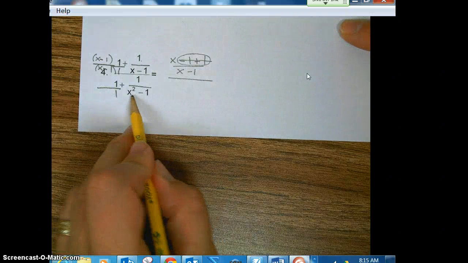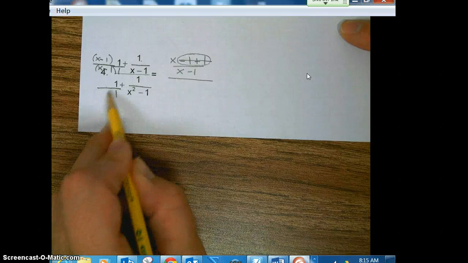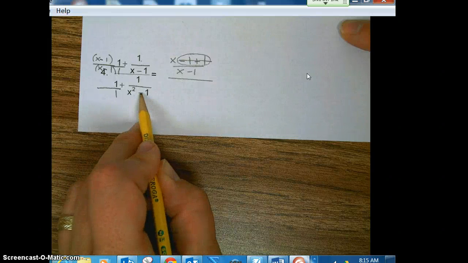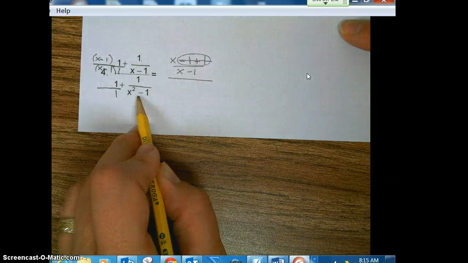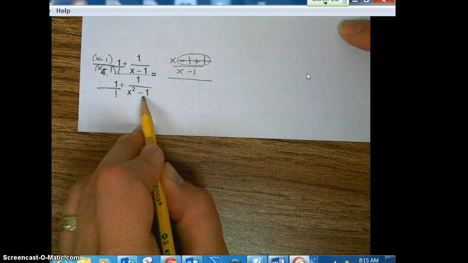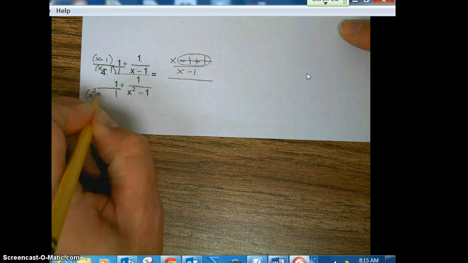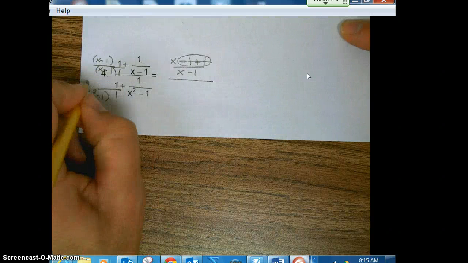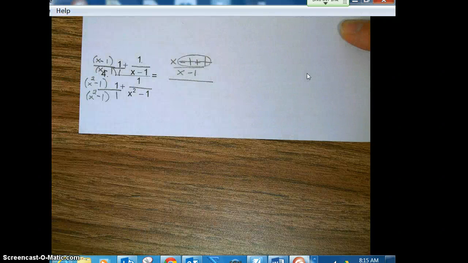We could factor this, but obviously this denominator needs an x squared minus 1. So eventually we will need to factor this. So right now I'm not going to do it. So this side needs an x squared minus 1. So the numerator needs an x squared minus 1 if we put 1 on the denominator.